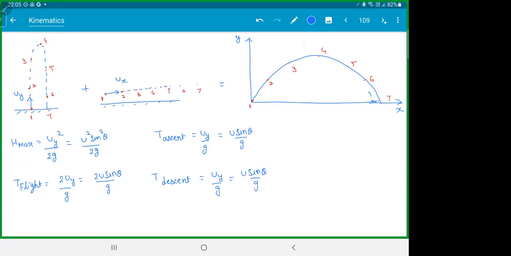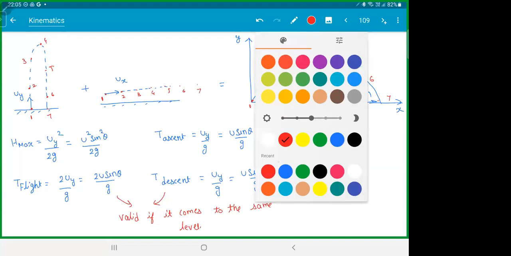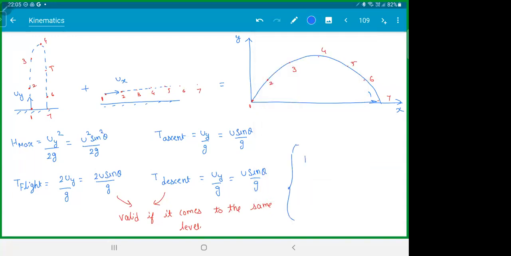Now be careful here. This formula is valid only if you come to the same level. If a particle is thrown from a certain point and if it comes to the same level, only then you can use this formula. That means you can't use this formula for these cases. If you're throwing at an angle, or if you have a building here and you're throwing down, don't use it here.